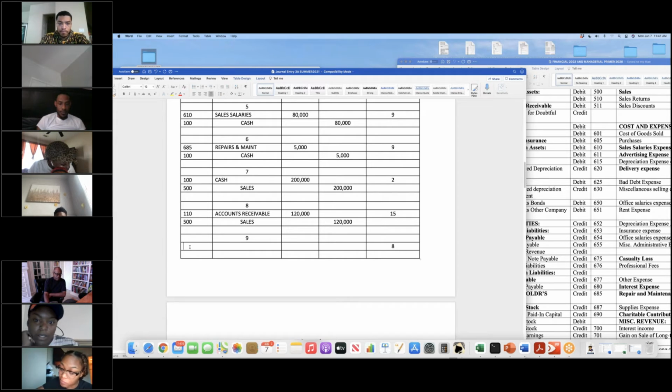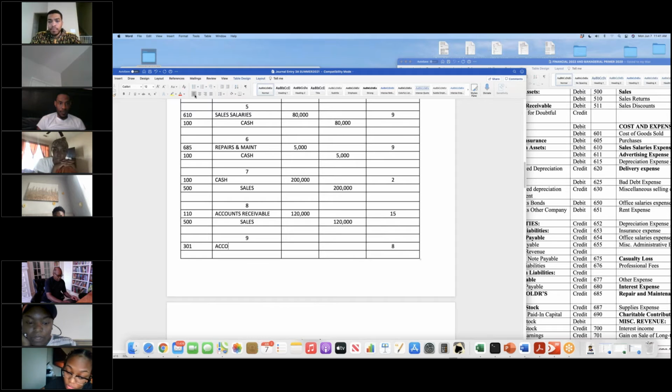Yes, type 8. And 301 will be the account number for accounts payable. Okay. 50,000 will be for the debit, which will be 100 cash. And credit will be 50,000.